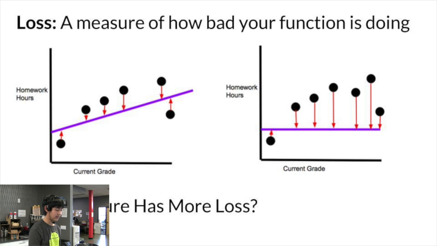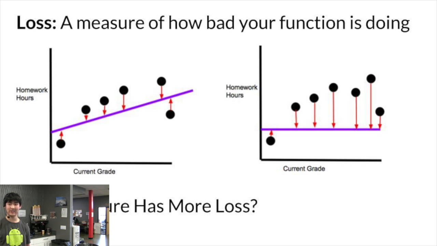The red arrow represents how many homework hours we missed. Likewise, the red arrow over here represents how many homework hours we missed for that person. By adding all the red arrows up, you get a sense of how bad your function is doing in general. So which function is doing worse, the left one or the right one?